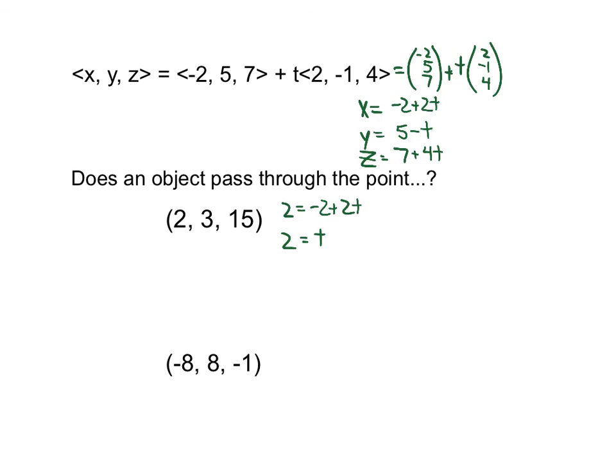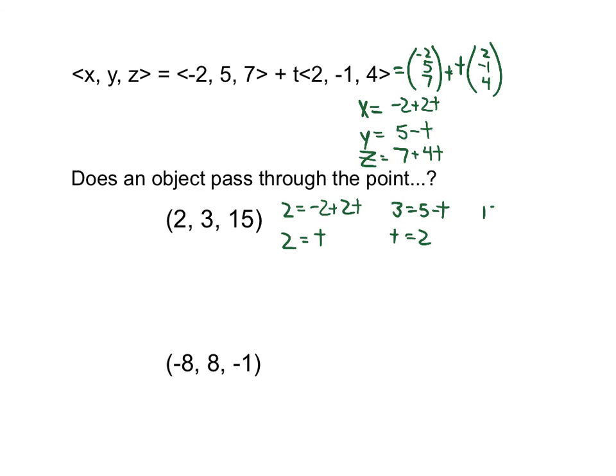I mean, yes, y will equal 3 at some point in time. 3 equals 5 minus t. Well, there t equals 2. Alright, so far we're good with x and y. Let's try the z.